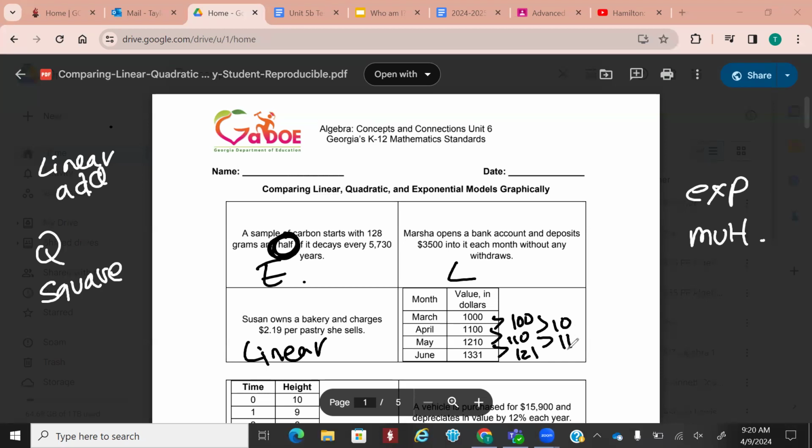So let's look at it this way. What if we took 1,100 and divided it by 1,000? What does that give me? It's like 1.1. What if we took 1,210 and divided it by 1,100?